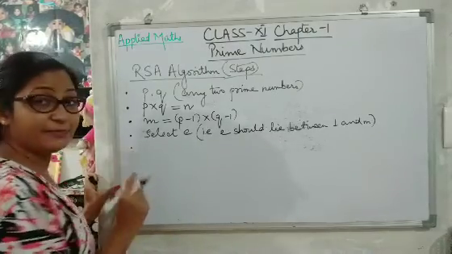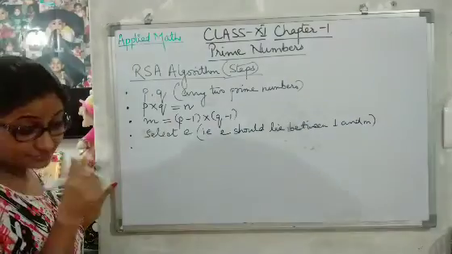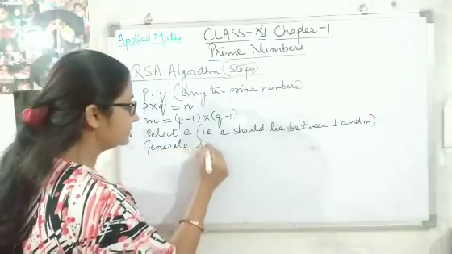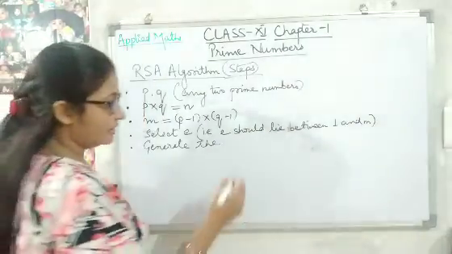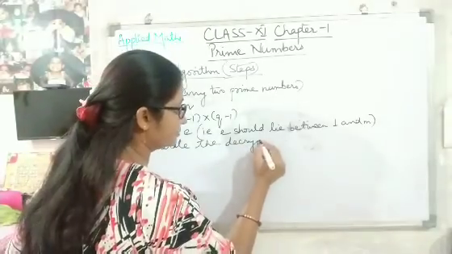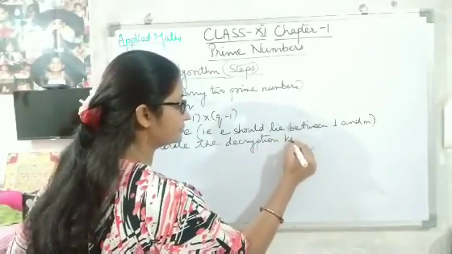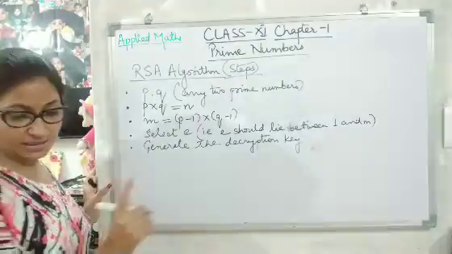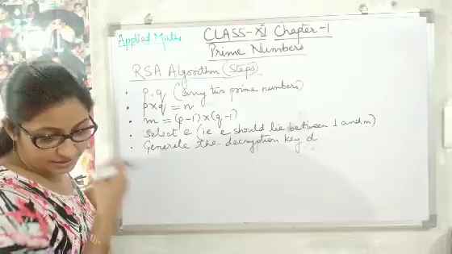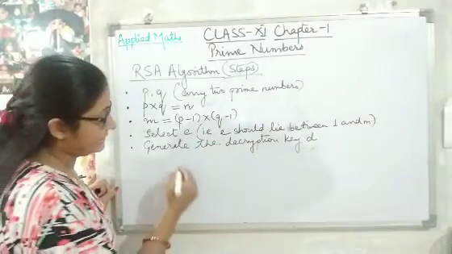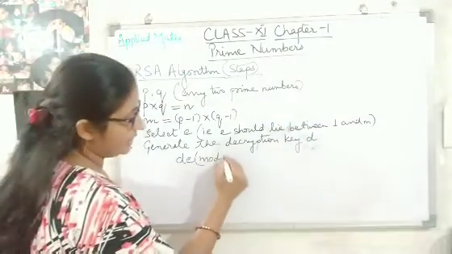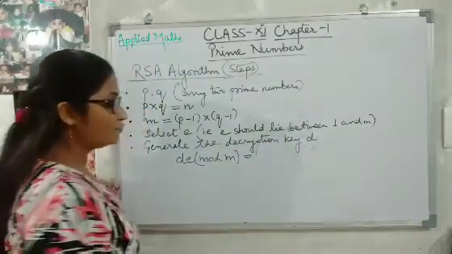And then the next step is we have to generate the decryption key. This decryption key we denote by the letter D, and how we will create this key is D times E mod M is equal to 1.